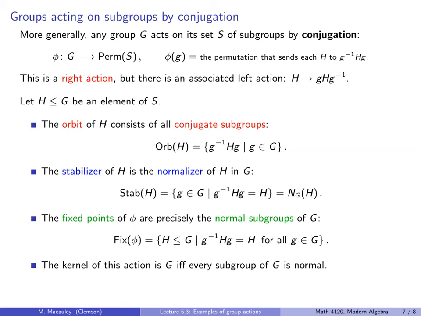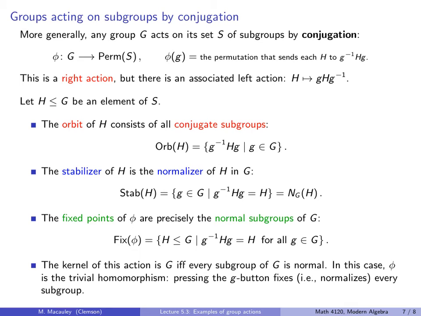If every subgroup of G is normal, then every point is a fixed point, and so the kernel is everything. And we've seen a few groups that have this property. Any abelian group has that property. The subgroups are normal. And even a few other groups. I think the quaternions, Q4, was an example of a group where every subgroup was normal.